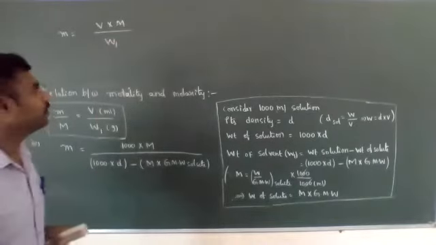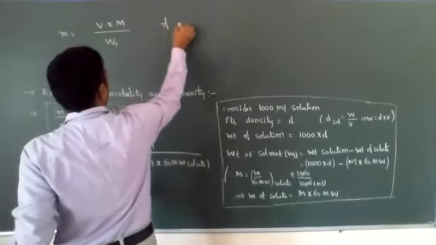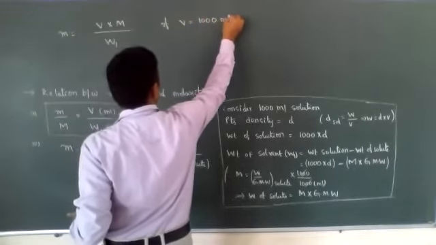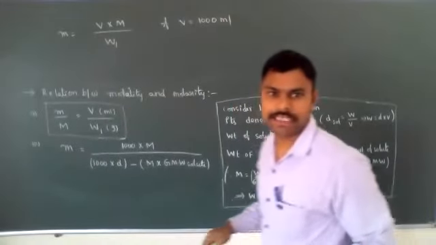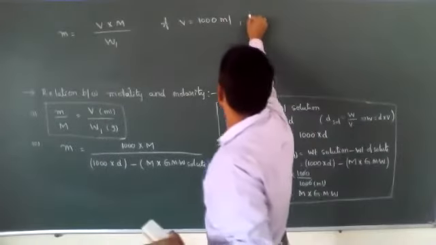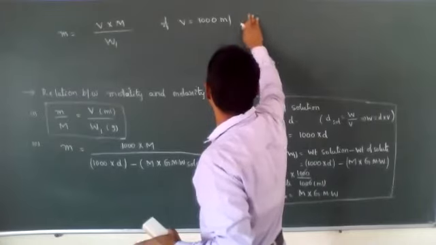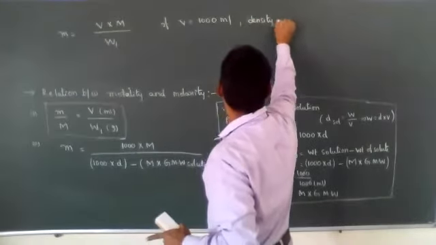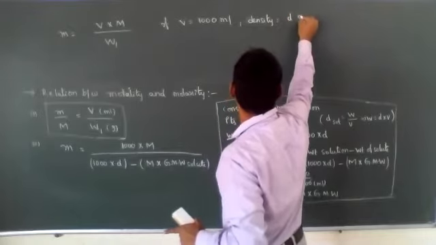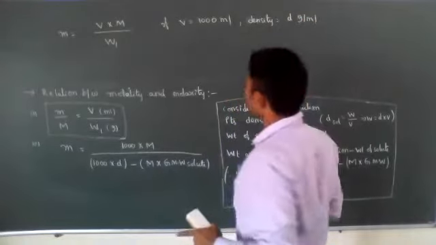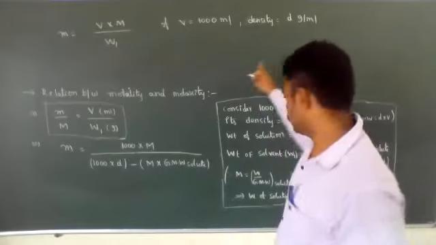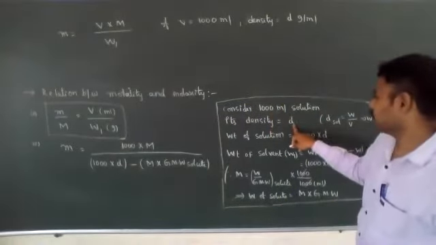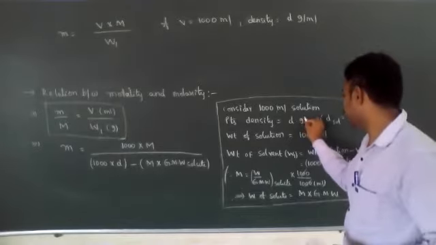Now if V is equal to 1000 ml, if I consider the volume equal to 1000 ml and its density is equal to D gram per ml.